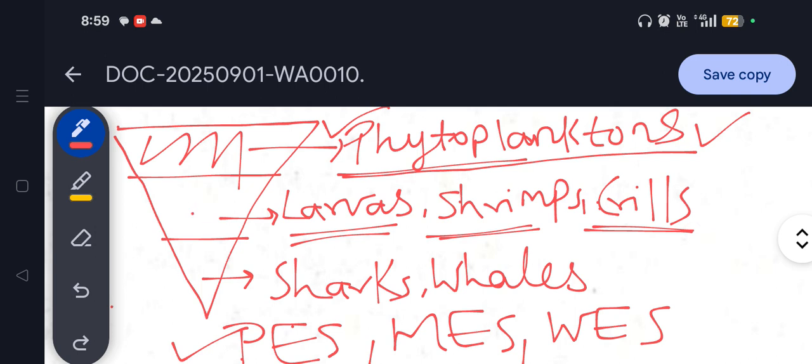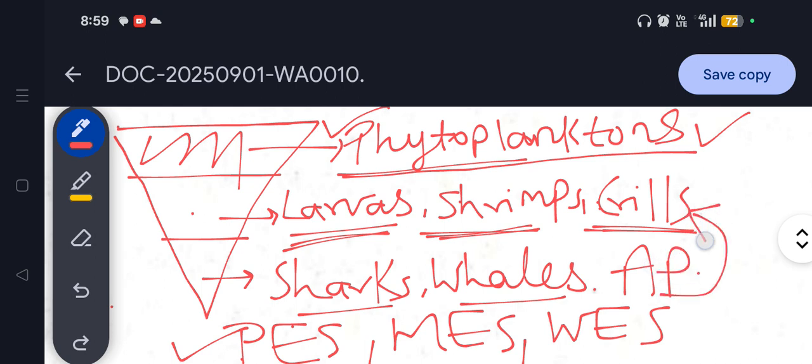And those animals who eat such larvae, shrimps, and krills are the sharks, whales, and orcas, right? So all such apex predators generally eat such organisms, and these organisms depend on the autotrophs, which are very tiny microorganisms, as we cannot see phytoplanktons without using some kind of tool.